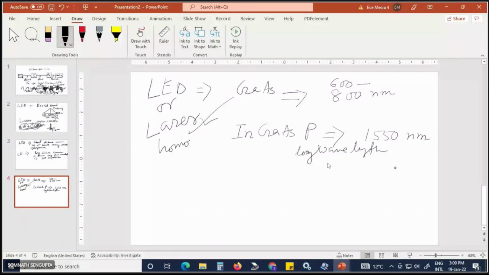And this is homojunction, and this is heterojunction. Do you know the difference between homojunction and heterojunction?